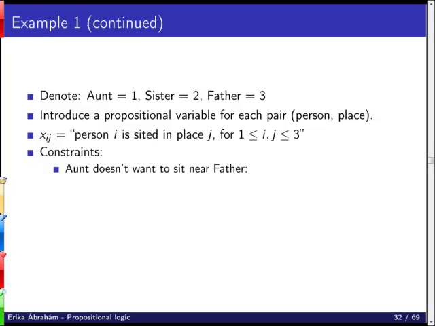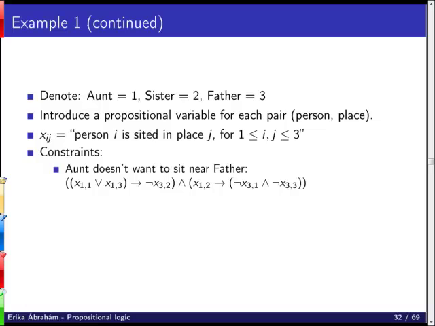So let us start with the constraints. The aunt doesn't want to sit near father. How do I encode it? Let's say aunt is 1 and father is 3.